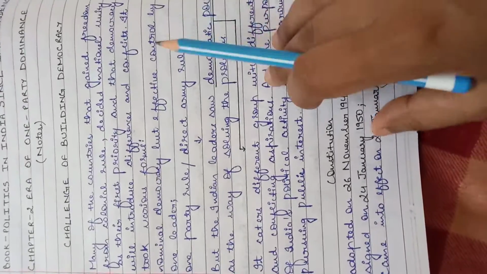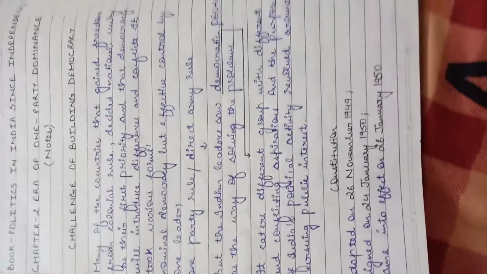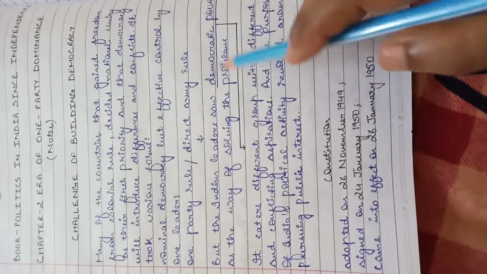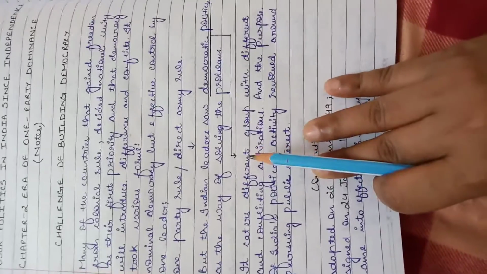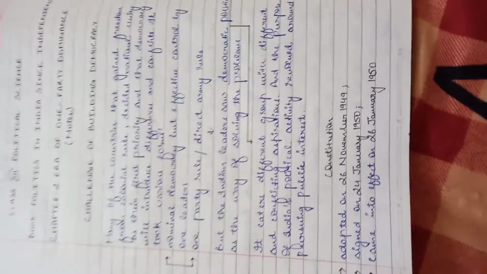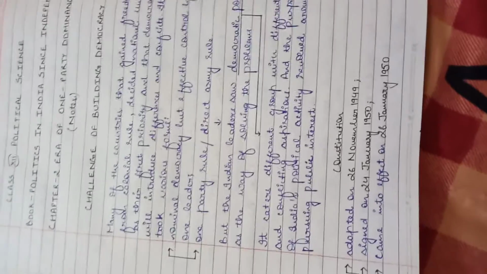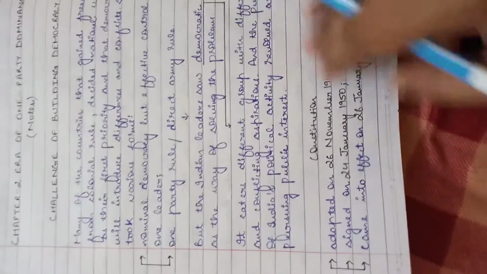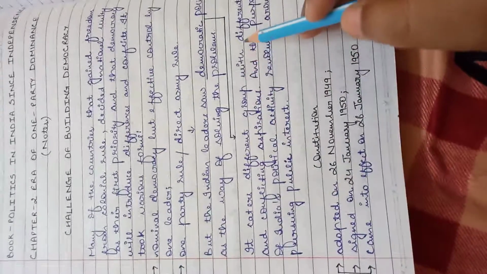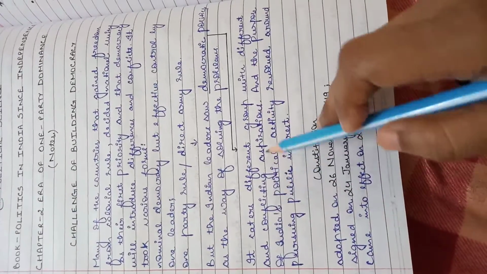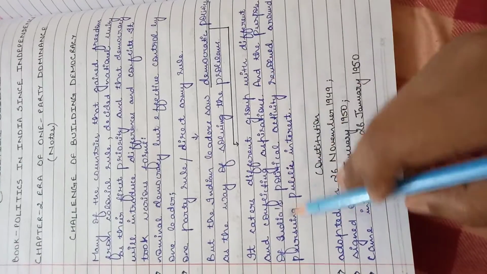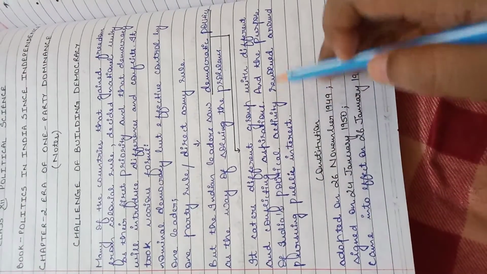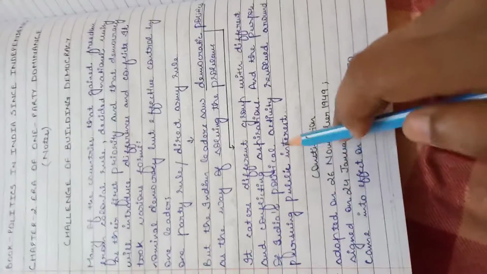So India and its leaders always felt that democratic politics was one way of assuring all the hopes and aspirations we gave to people. For that, it catered to different groups with different and conflicting aspirations, and the purpose of India's political activity revolved around pursuing public interest.